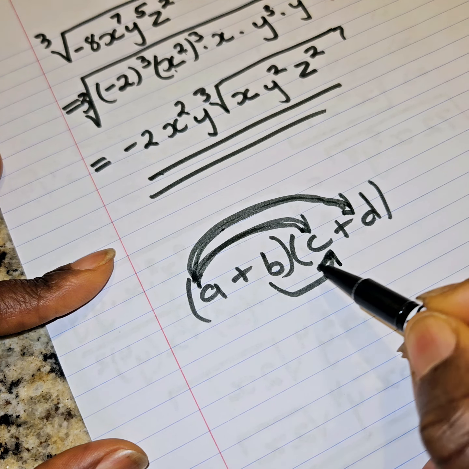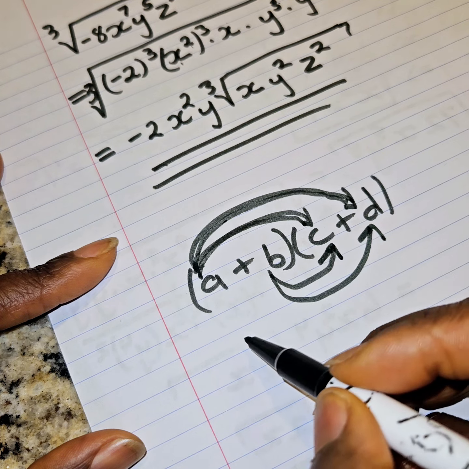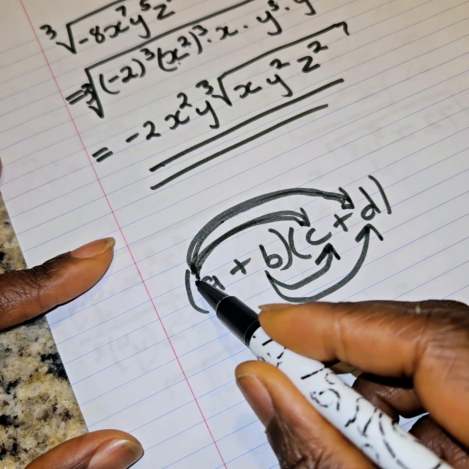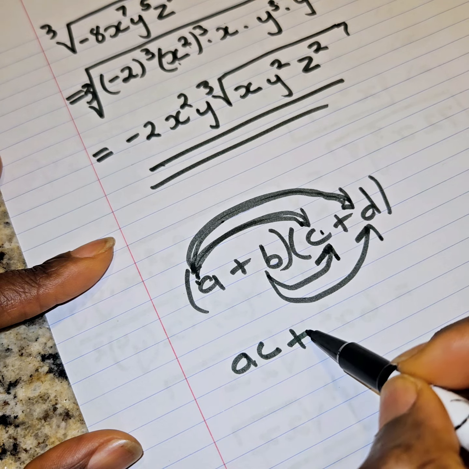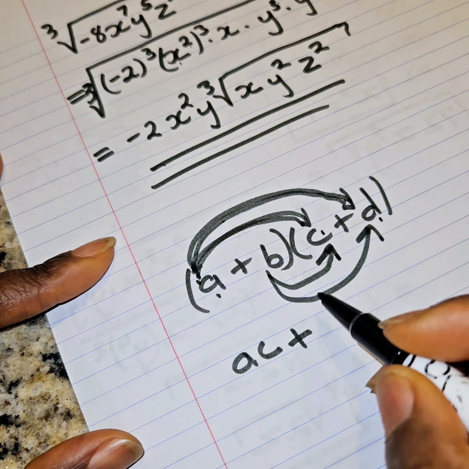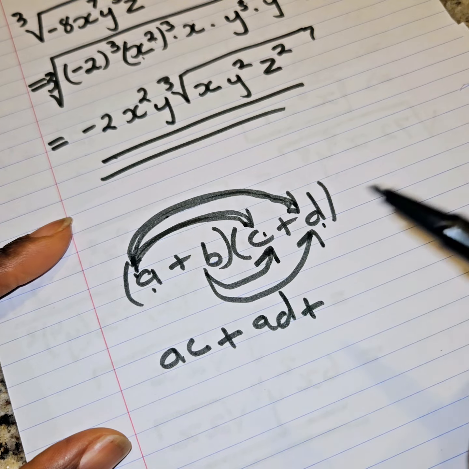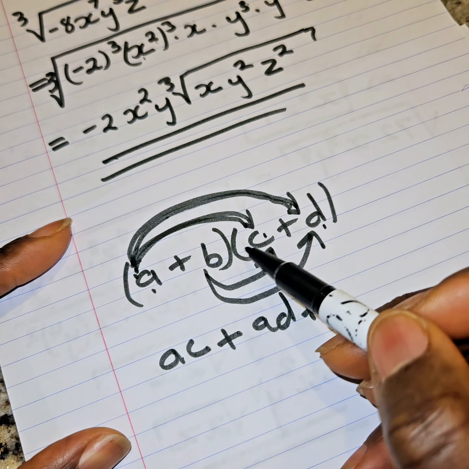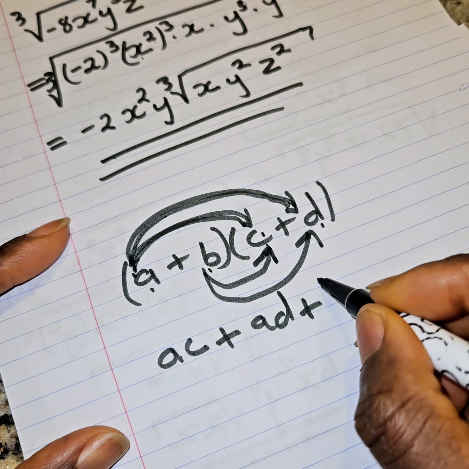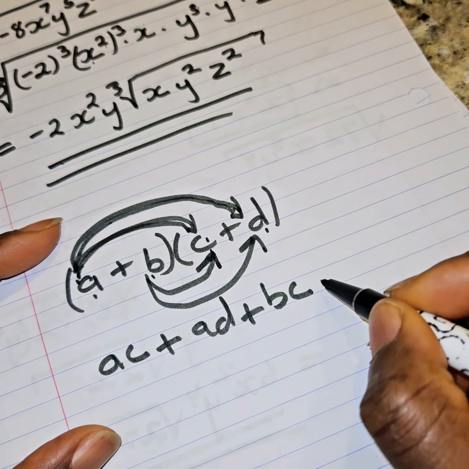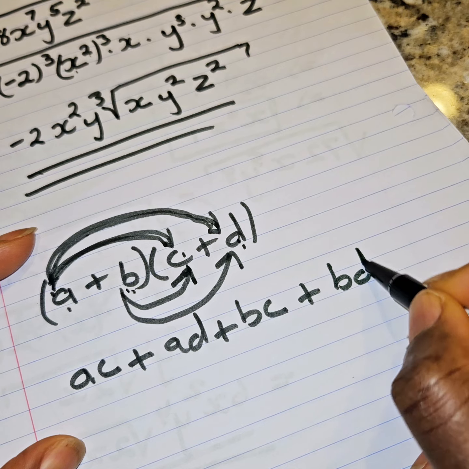So it is a times c, ac, plus a times d, ad, plus, of course, if it were a negative sign somewhere, it will affect it. b times c is bc, plus b times d is bd.